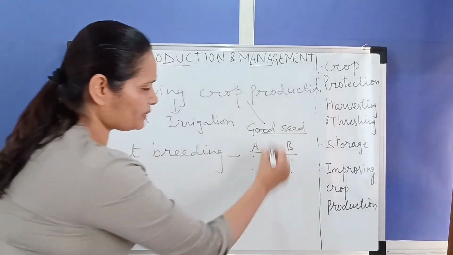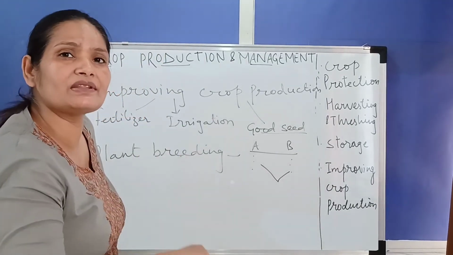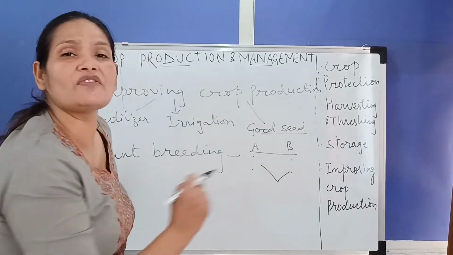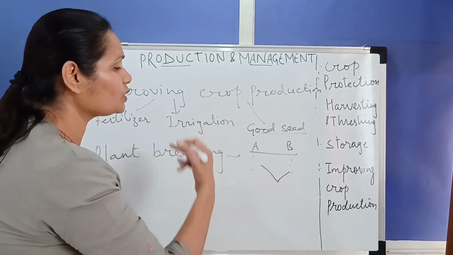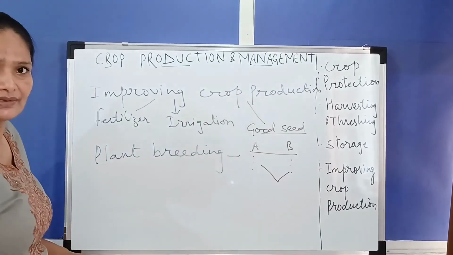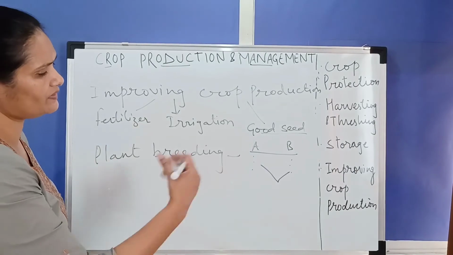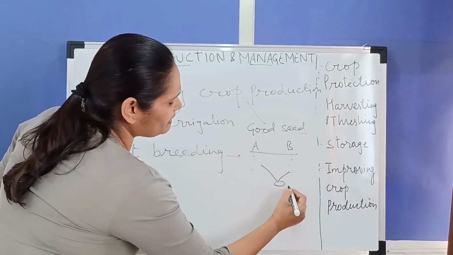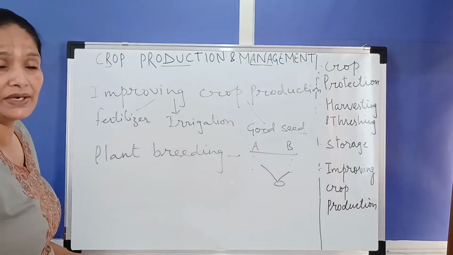So we breed these plants and the good characteristics are taken in the plant, and that is genetic modification of the plant. The genes of the plant are modified so that those good characteristics can be inherited further, right? They can come into the offspring or the seed, whatever is being produced. So they can come in the offspring plant. Okay, so that is plant breeding.